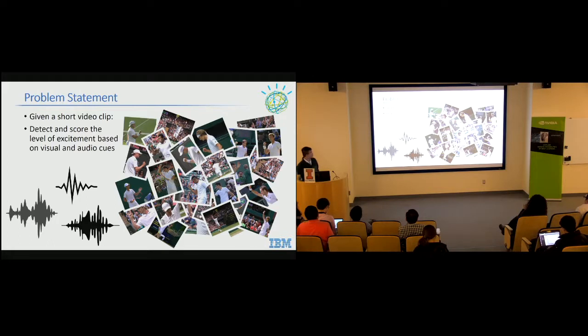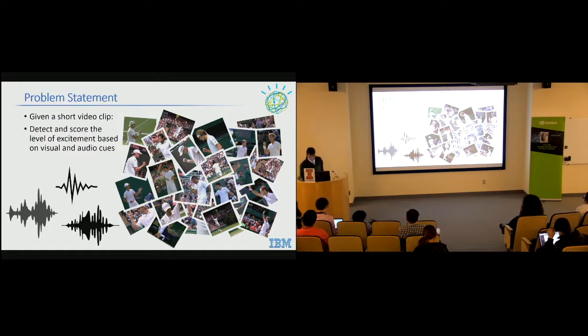The visual cues correspond to the player celebration action, and the audio corresponds to the crowd cheering from the audience. Besides, those kinds of information are available in all the video clips, so they are easily extracted to create the input of our system.